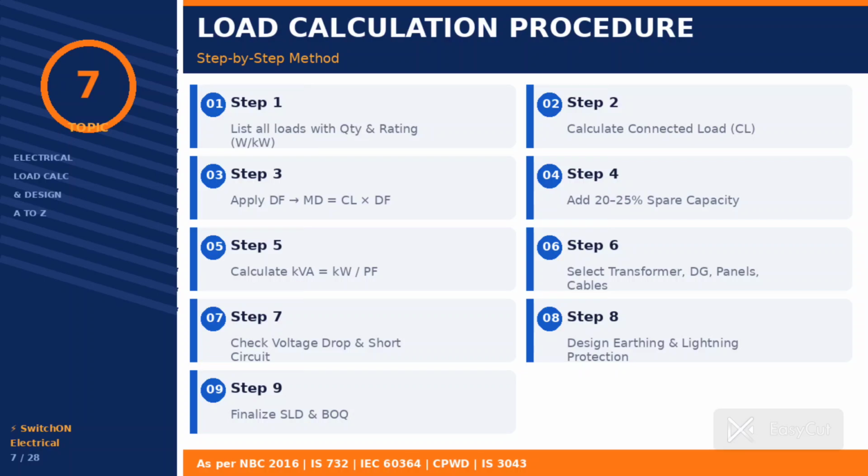Then the fifth step will be, you will get all the load in kilowatt, but all the transformers or DGs are rated with kVA, not with kilowatt. So you have to convert that kilowatt into kVA. How do you convert? kVA is equal to kilowatt divided by power factor, right? Then you will get the kVA.